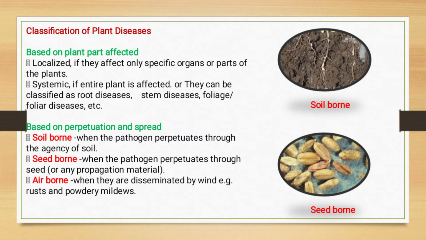In simple words, the pathogens which survive and are retained in the soil are called soil borne pathogens. The next one is seed borne, when the pathogen perpetuates through the seed, they are referred to as seed borne pathogens. And the third one is airborne, when they are disseminated by wind, for example rust and powdery mildews.